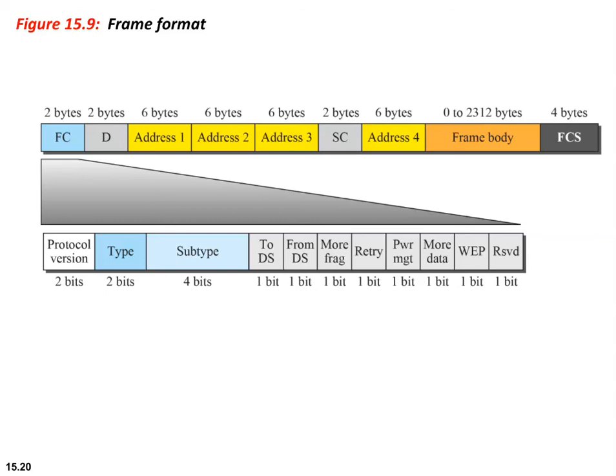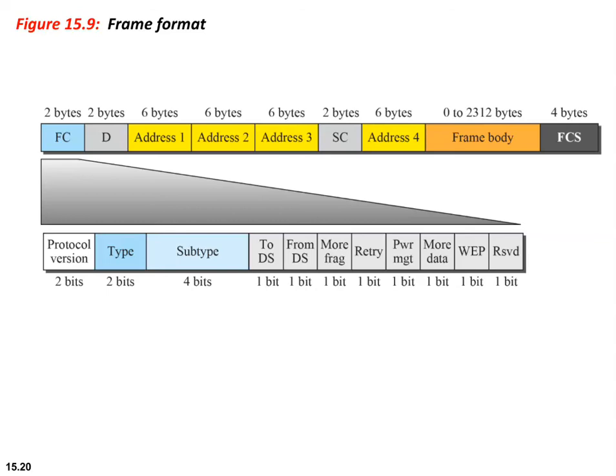Next is the D field, which holds the duration of the transmission, used to set the value of the network allocation vector. Next we have 4 address fields, 6 bytes each, based on the To DS and From DS values, which will be discussed next in the addressing mechanism topic. And SC is the sequence control.